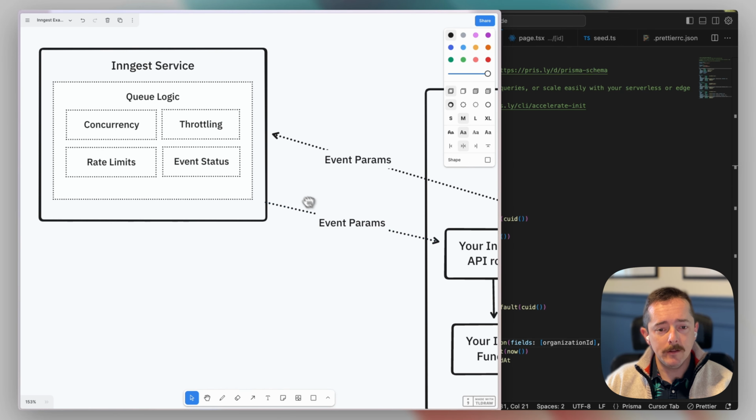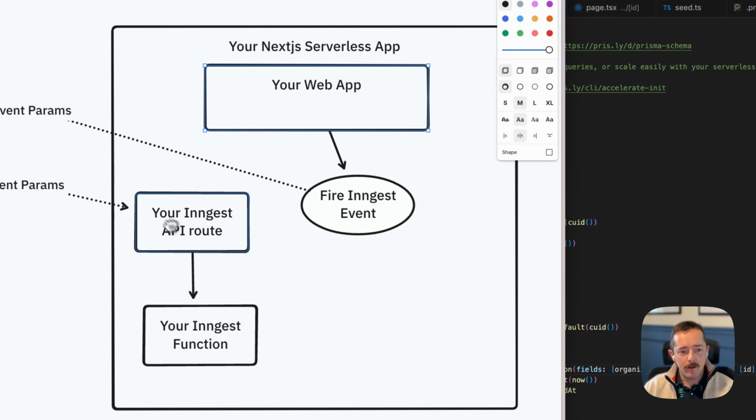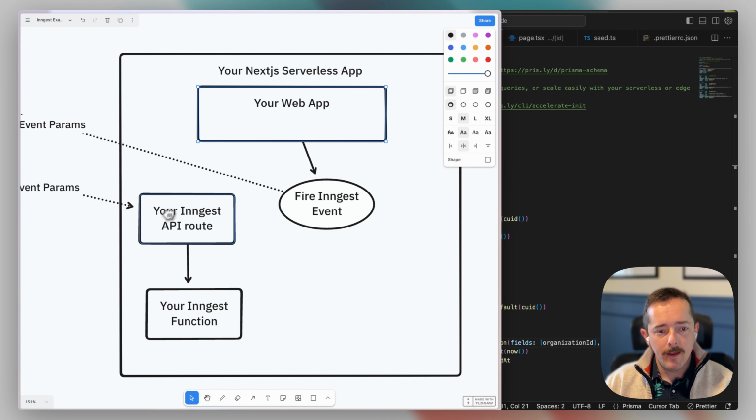And then when it determines that it's time to run your function, it fires back to your Inngest API route with those event parameters. And what that route does is it goes off and runs your function. And the piece about Inngest being durable is it will actually be able to run this function multiple times and it won't rerun the pieces that you don't want it to.